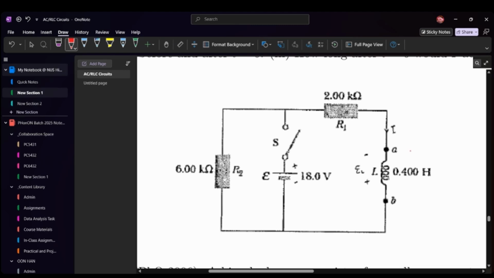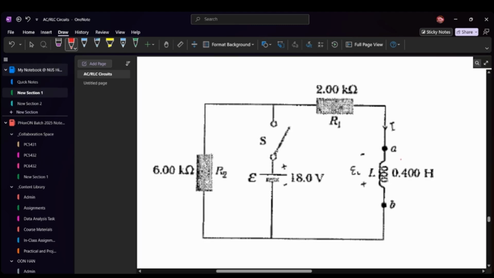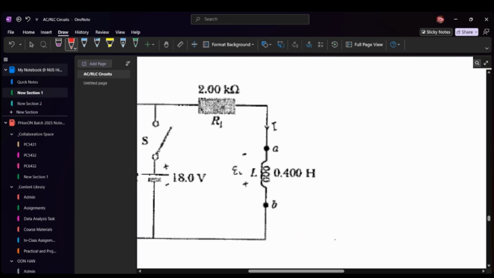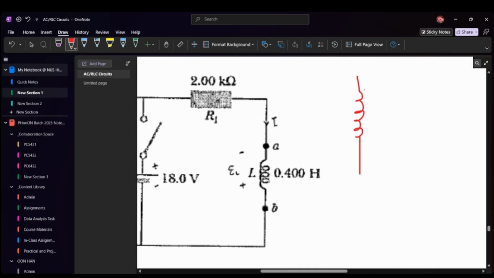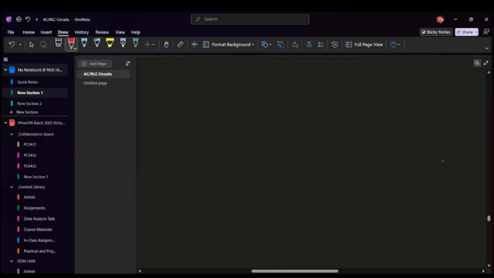Oh, right. Because you gotta remember from what I talked about just now, right? Across an inductor, when it is at a steady state, this thing basically acts as a short. But right after this sudden change, it basically acts as an open.